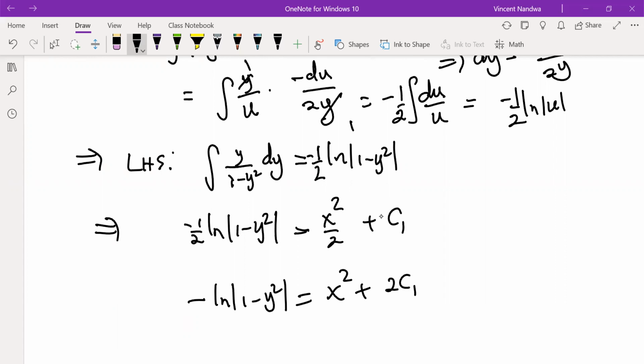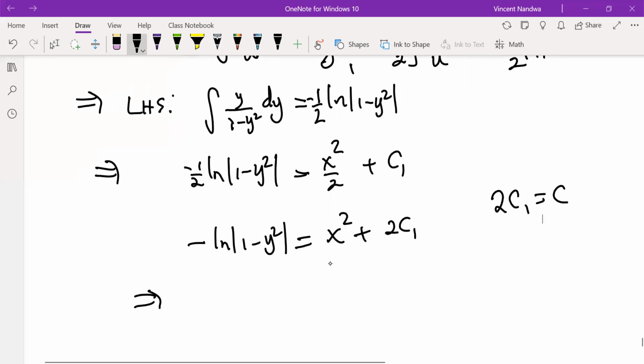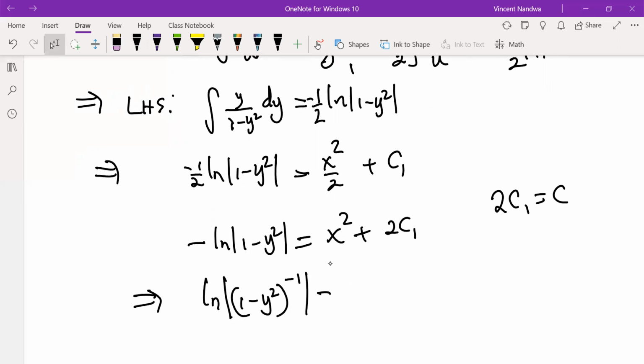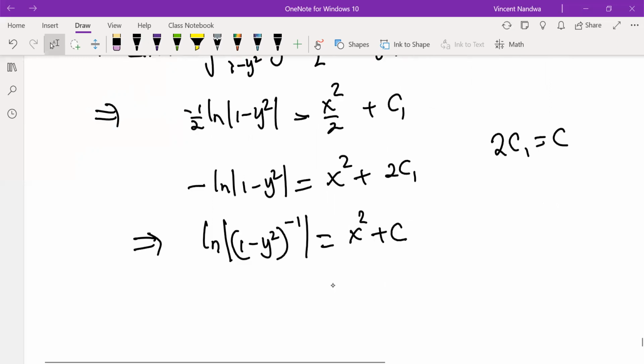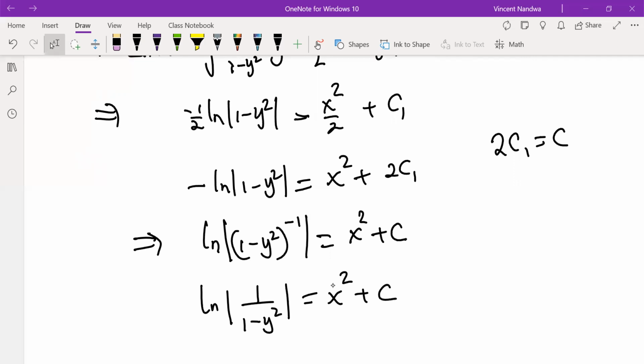And then I can fix this 2c1 to be, say, c, so that this can be written as ln of (1 minus y squared) to the power negative 1 equals x squared plus c. Which is the same as ln of 1 over 1 minus y squared equals x squared plus c.